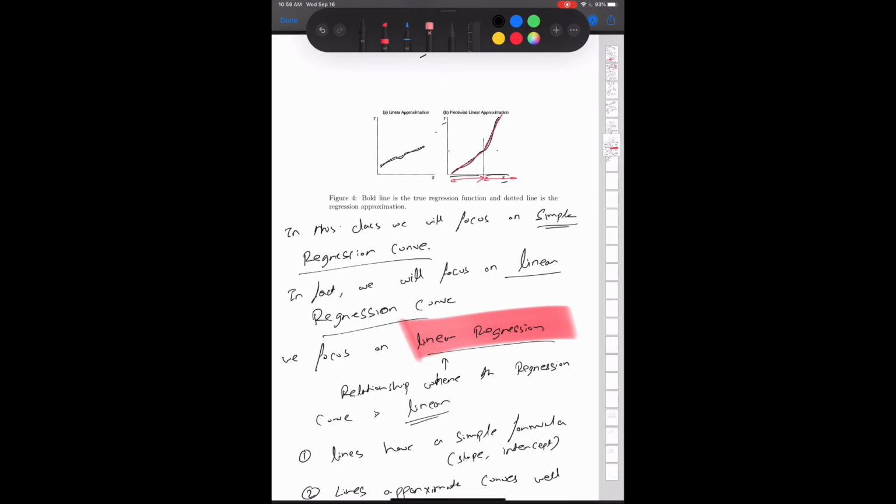So x was the dosage, or x was the age, and x was the number of beers someone drank. But it might sometimes make sense to have multiple x's.